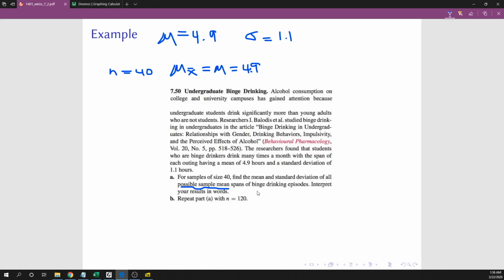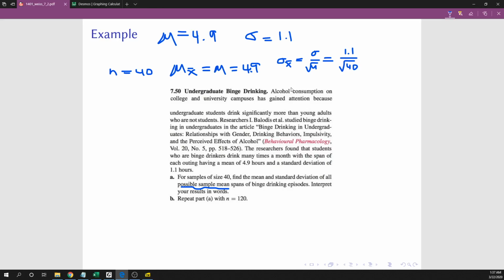And the standard deviation of all the sample means is the population standard deviation divided by the square root of the sample size. So that's going to be 1.1 divided by the square root of 40.